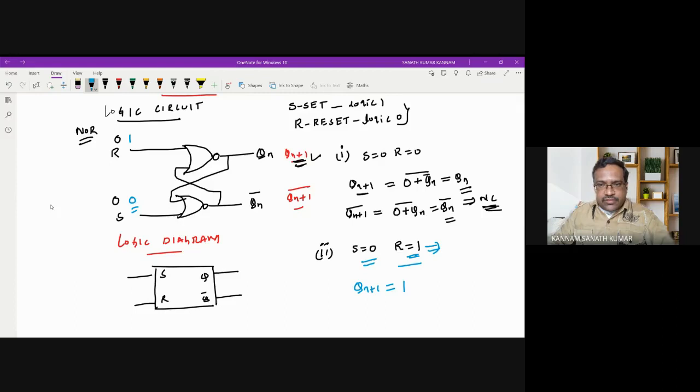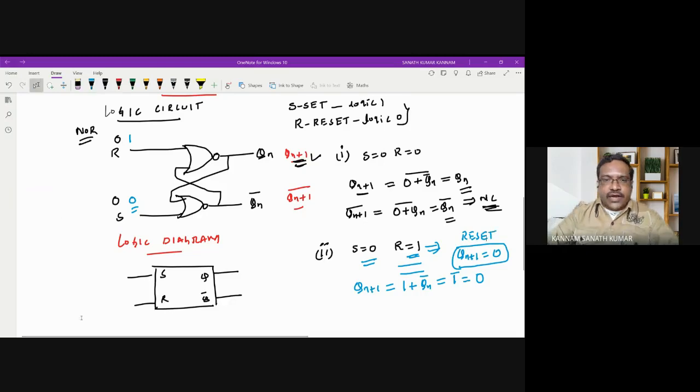So 1 plus Qn bar whole bar, that is equal to, so 1 plus something is how much? 1. 1 bar equal to how much? 0. So that means here in this case you are getting Qn plus 1 equal to what? 0. So that means when S equal to 0 and R equal to 1, you are getting which state? Reset state. You are getting reset state.